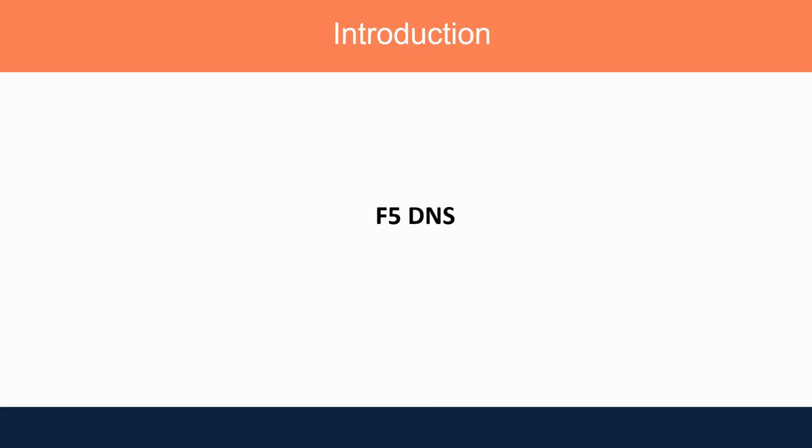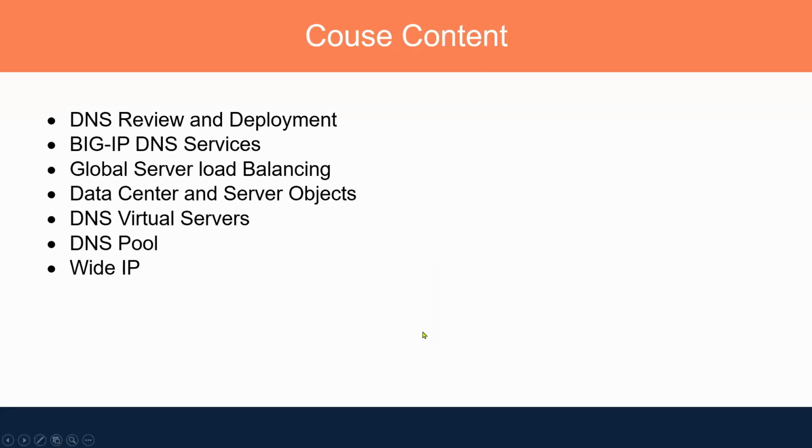Let me just talk about the course, and after that we will see why DNS is required. In this course, we are going to cover basic to advanced things. We will talk about what DNS is, and how DNS is deployed in any organization. Then we will talk about BIG-IP DNS services.